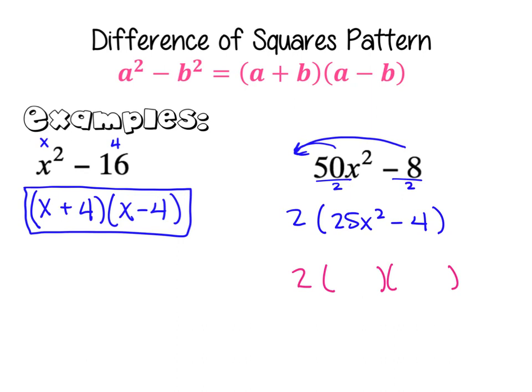And I see that I have 25x squared. The square root of 25 was 5, and the square root of 4 was 2. Since I knew the square root of both of those things, I could write this as a sum and difference. So 5x plus 2 times 5x minus 2.